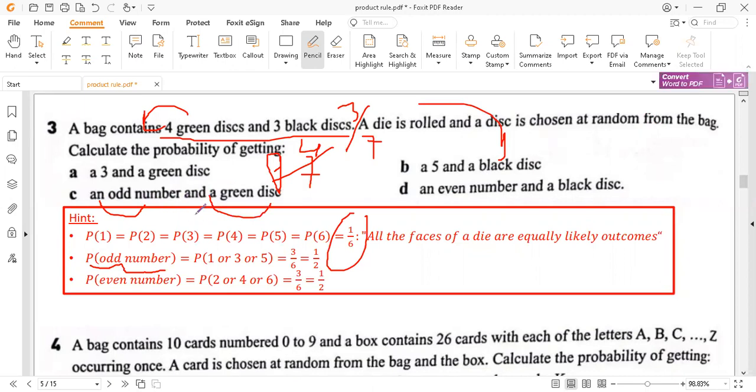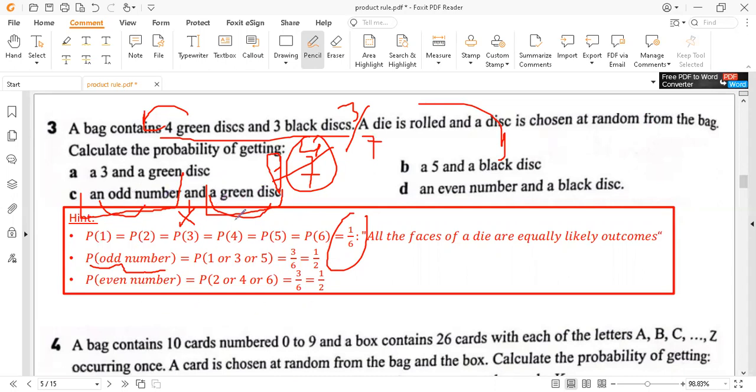So normally they are totally independent events, so we can use the product rule, multiplying. So we find the probability of getting an odd number after rolling a die, and we calculate the probability of the green disc, which is equal to 4/7. Okay, so it will be easy to multiply them to obtain what we need.